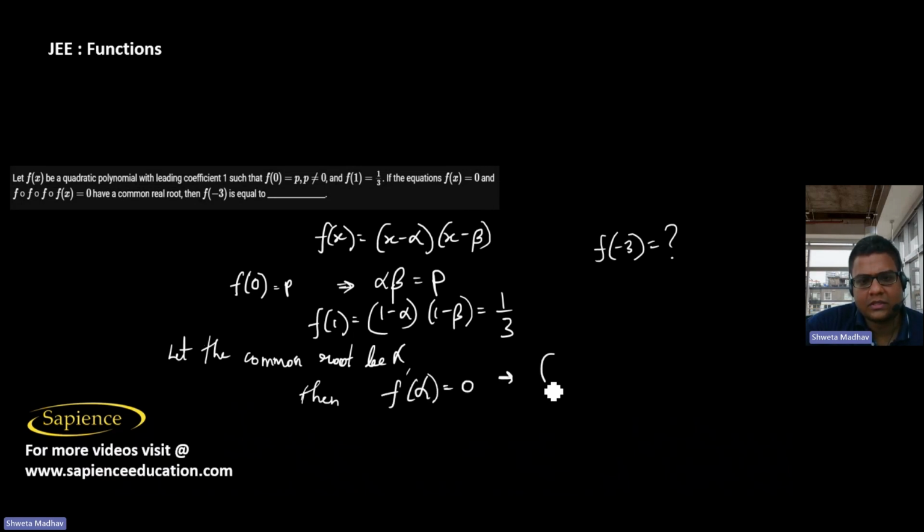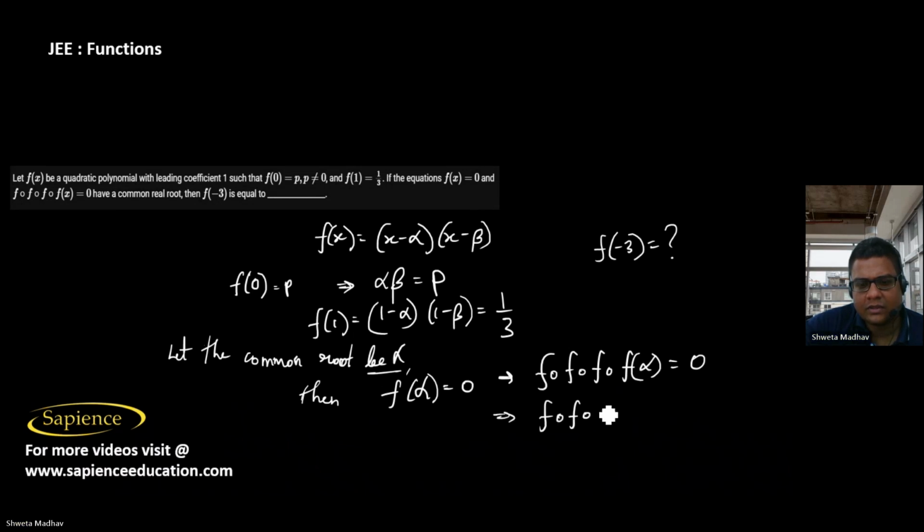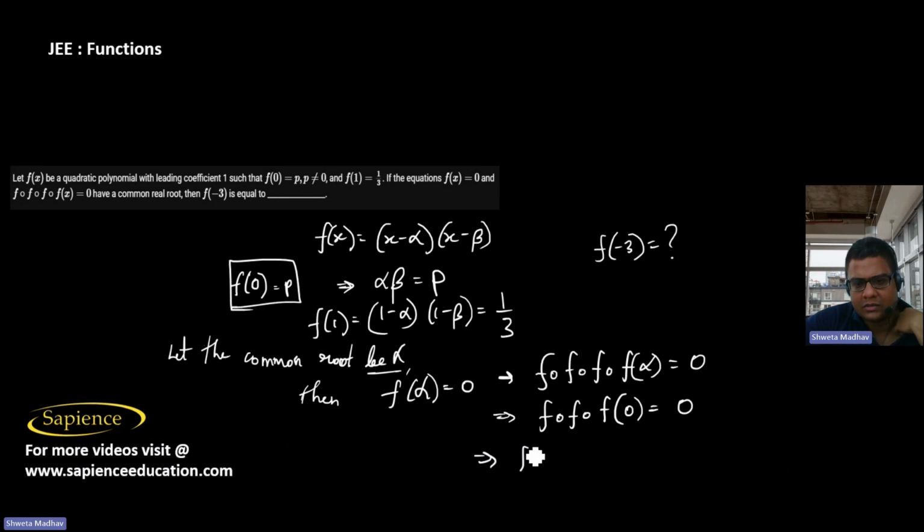So f of f of alpha is 0 also, so f of 0 is also 0. Now f of 0 is equal to p, that has been told. So f of p is equal to 0.